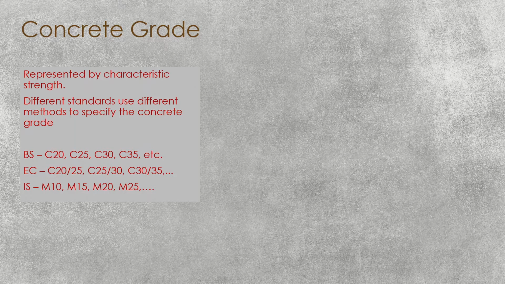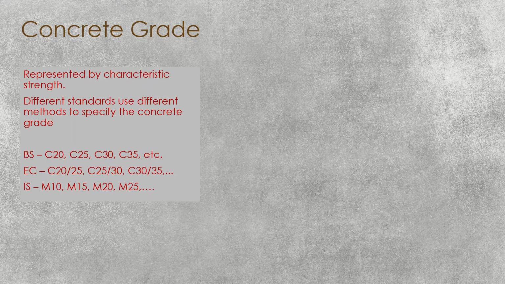They use both cube strength and cylinder strength. Initially, you write the cylinder strength, then you write the cube strength. As you can see here in the second row, C20/25. Here 20 is the cylinder strength and 25 is the cube strength. Similarly, you can write 25/30, 30/37. Likewise, other grades can be specified. Here the first term represents the cylinder strength and the second term represents the cube strength.